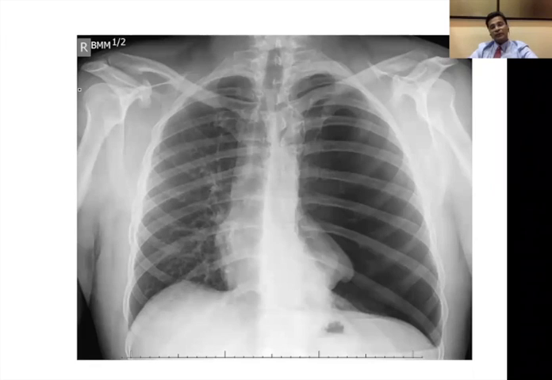When you listen to the breath sounds or auscultate, breath sounds will be absent or markedly reduced. Vocal fremitus and vocal resonance also will be markedly reduced. So these are therefore the clinical signs of pneumothorax. And the radiological signs are here. You see the uniform lung field without any vascular markings, and you see the collapsed lung here.